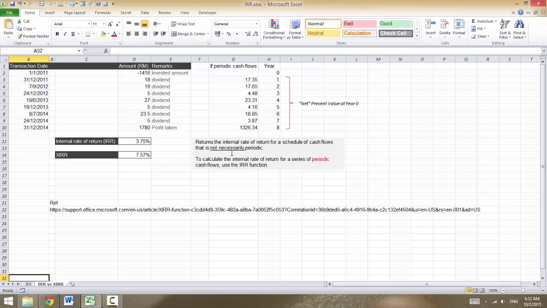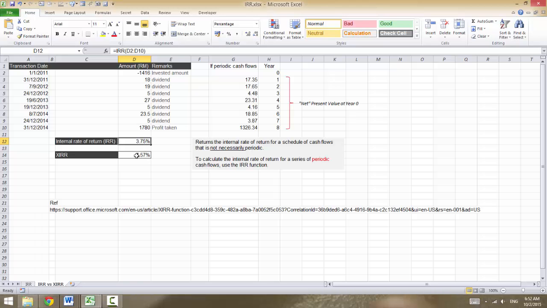I take this definition from this link. So here you are, these are all the information we take. If you take all these values, it will be equal to what is invested. So that is the net present value. At this point, if you use IRR, it is 3.75.